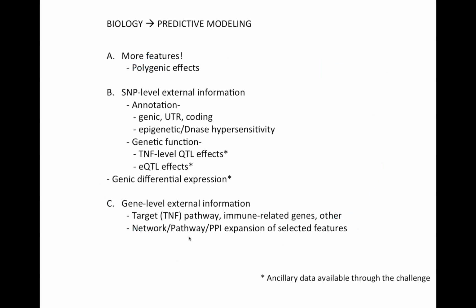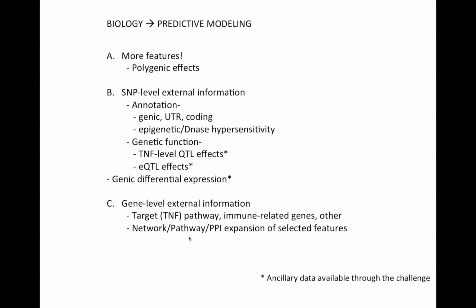So for biology into predictive modeling, I'm going to go through this outline. Point A here, I'm going to present some of the polygenic analyses, where we did a within-sample proportion of phenotypic variance explained type of analyses, which really suggests that there is genetic signal in the data, but that it comes from the combined effect of many of the SNPs, and so the implication being that more features are going to be needed to derive a better predictor.